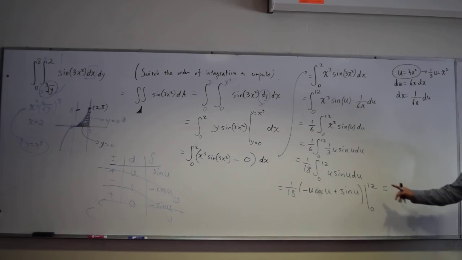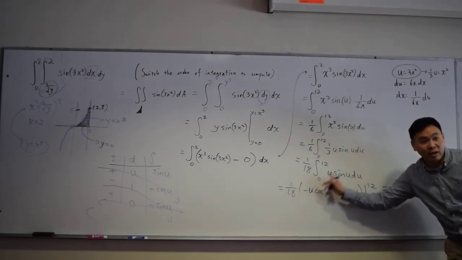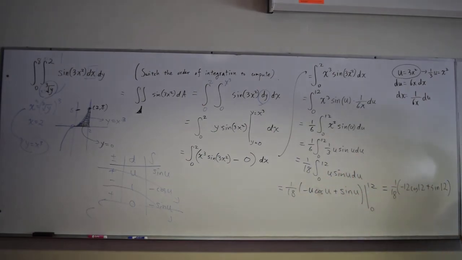Okay, and then when you plug in 12, that's 1/18 negative 12 cosine 12 plus sine 12. And then when you plug in 0, 0 times anything is 0, so that goes away, and sine of 0 is 0. So when you plug in 0, you don't get anything. Therefore, the answer is this. So that's the answer. Any question?